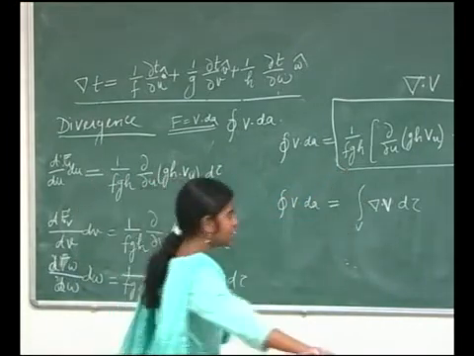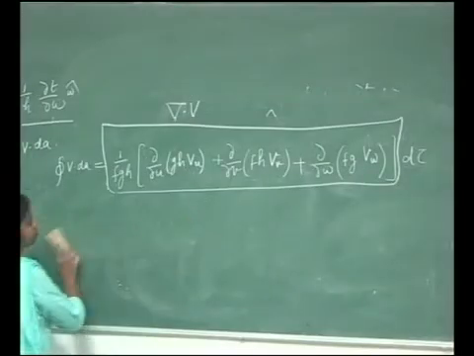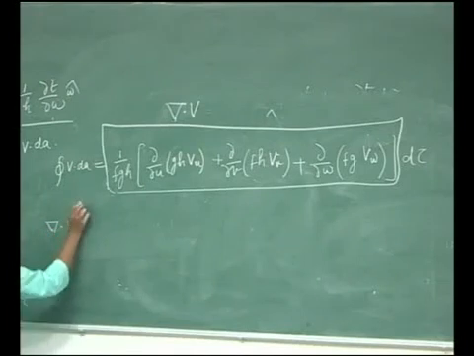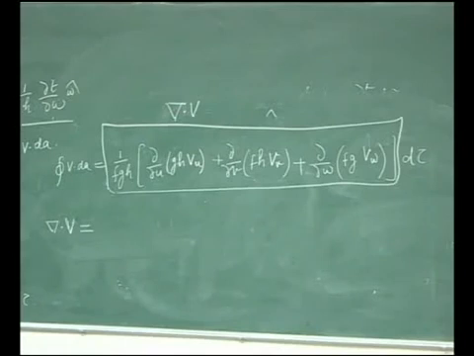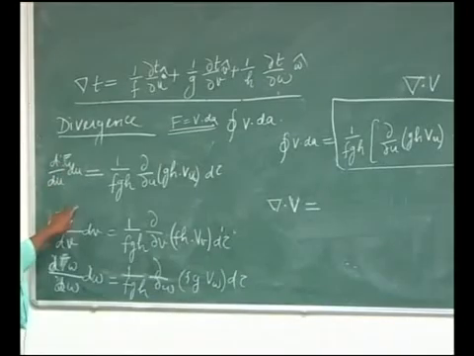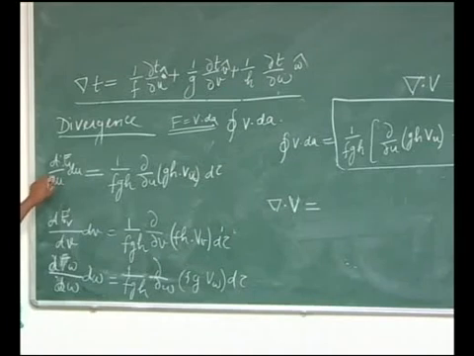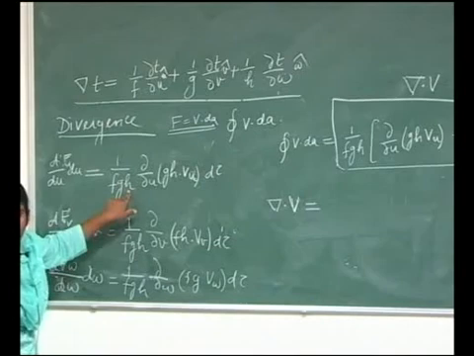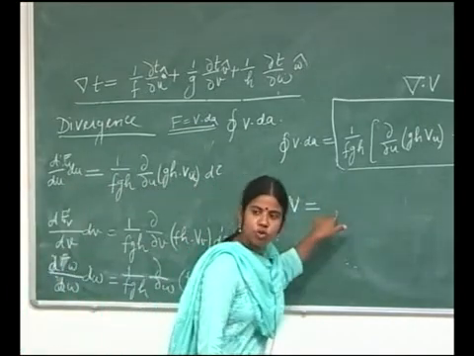Now let us see whether it is correct or not. So del dot V, yes Shruti, what is the problem? You have taken change in one direction, but you will have to take change in all the directions. Your coordinate system has moved from u, v, w to u plus du, v plus dv and w plus dw.